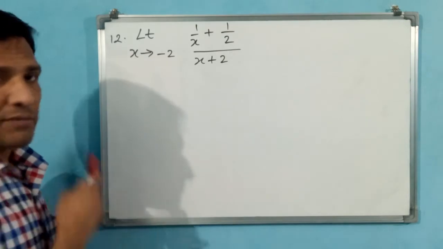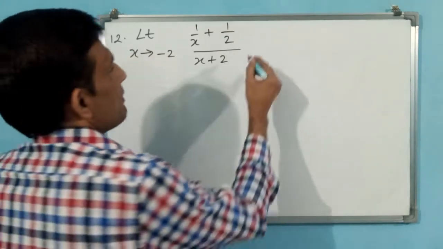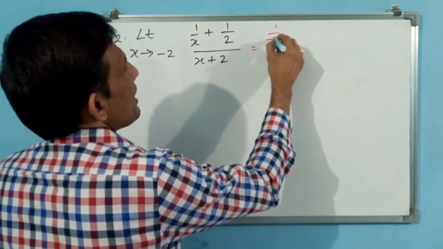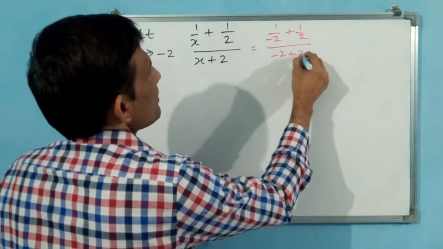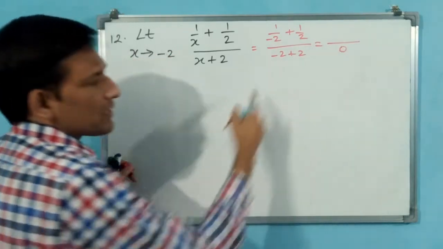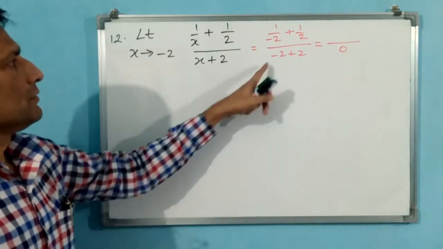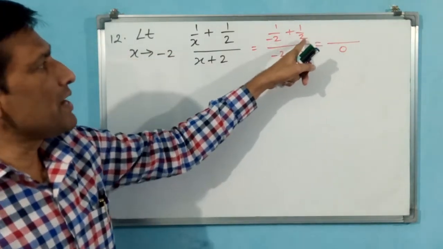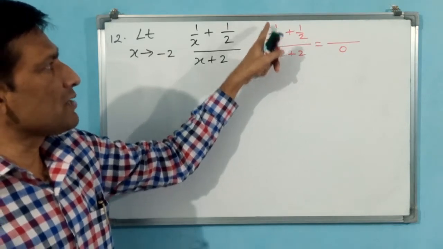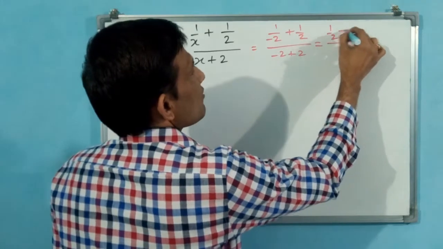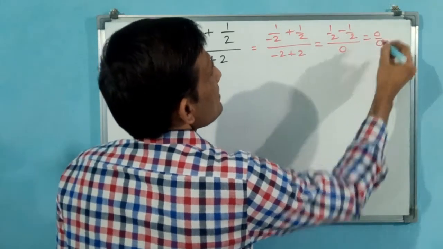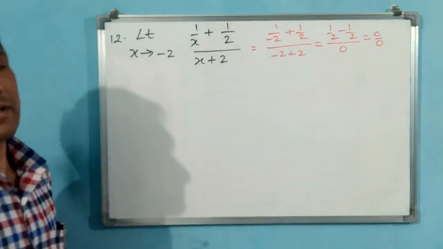If I substitute minus 2, what will happen? 1 by minus 2 plus 1/2 by minus 2 plus 2. Okay, the denominator is already 0, minus 2 plus 2. But the numerator, you see, is 1/2 minus 1/2. Why? Because this minus you have to transfer to the numerator. This is going to become 1/2 minus 1/2. That means 0 by 0.